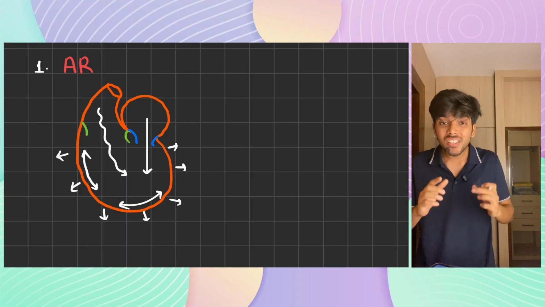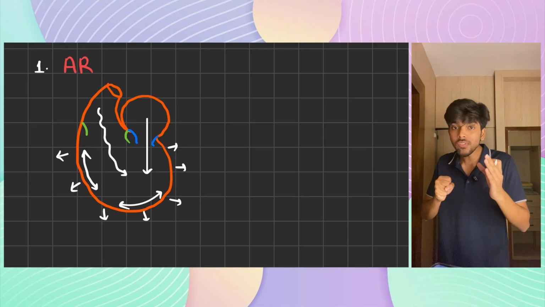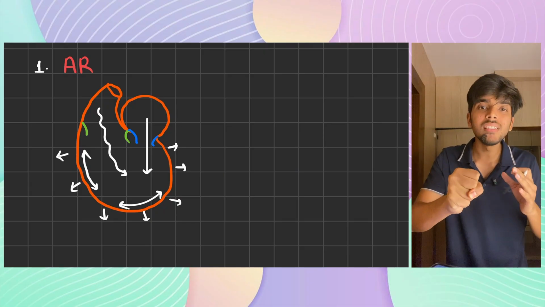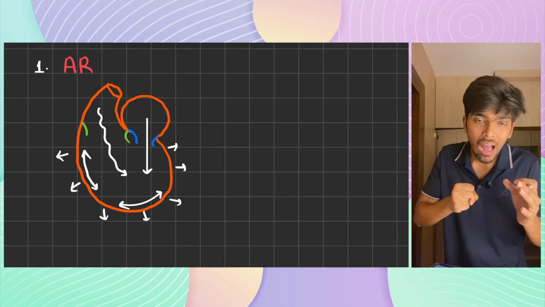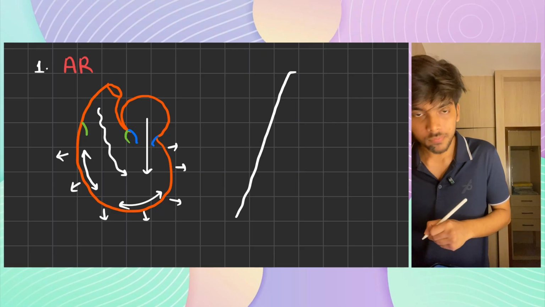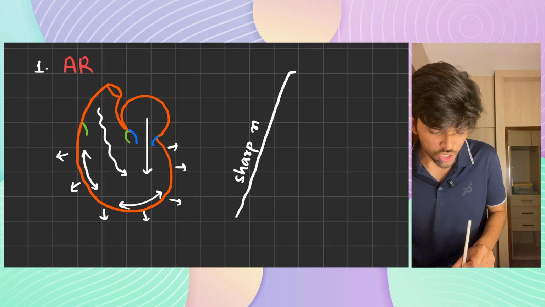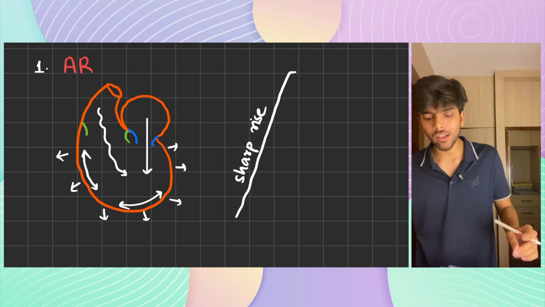And it is due to the strong contraction of the ventricle that the blood gets pushed out of the ventricle through the aorta to the periphery, and there is sharp rise in pressure inside the aorta. There is sharp push of the blood out into the aorta. There is sharp rise. So why is there sharp rise? The sharp rise is due to the strong contraction of highly overfilled left ventricle.